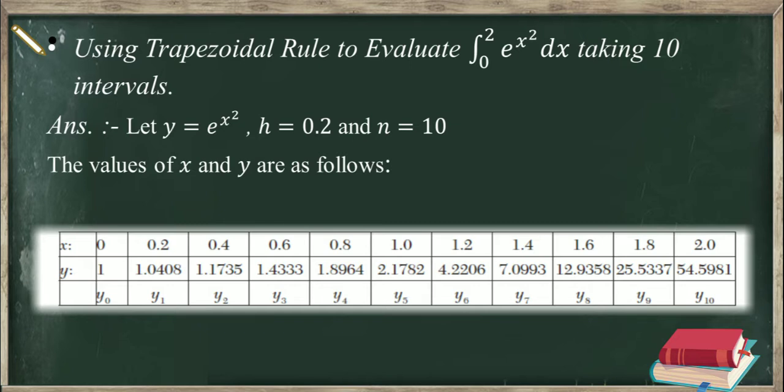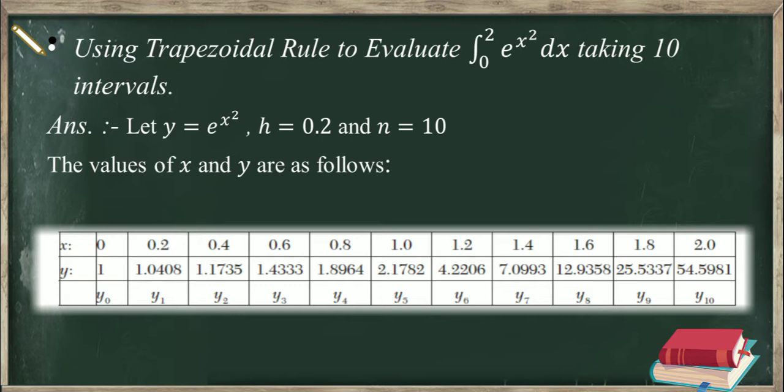We have to split the interval 0 to 2 into 10 intervals, so h is 0.2. The values of x are 0, 0.2, 0.4, 0.6, 0.8, 1.0, 1.2, 1.4, 1.6, 1.8, 2.0.